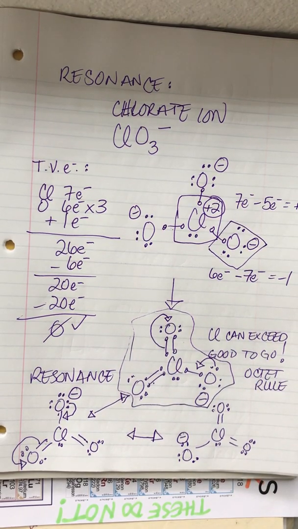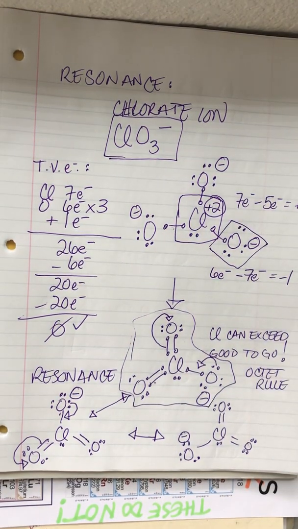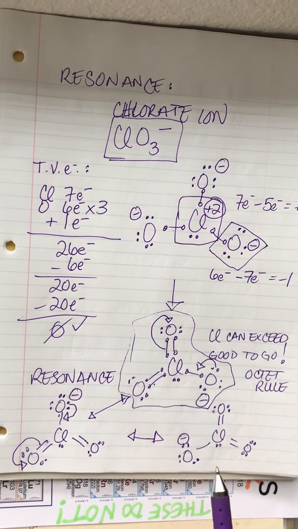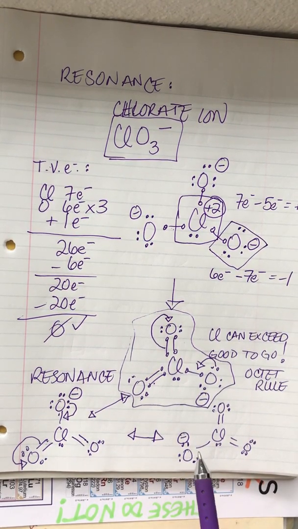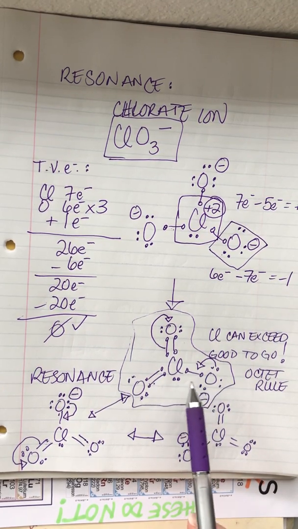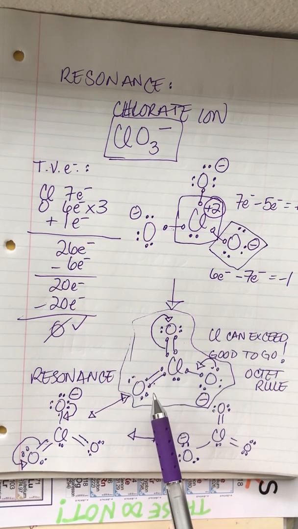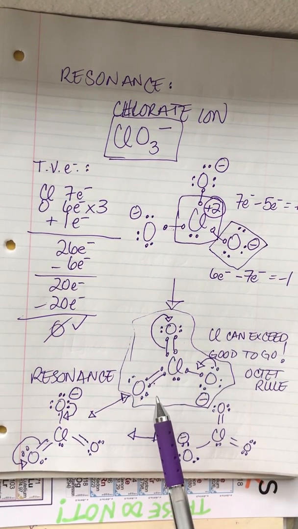Now you can't look at this and automatically determine that it has resonance. You have to draw it out in order to know that. But I don't need you to be able to draw all of the different resonance structures. I just need you to be able to tell me that because this single bond is able to move around the molecule, there's going to be resonance, right?